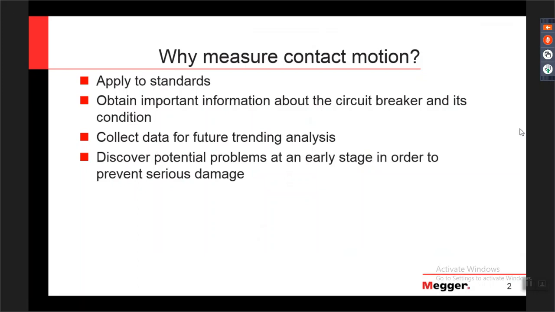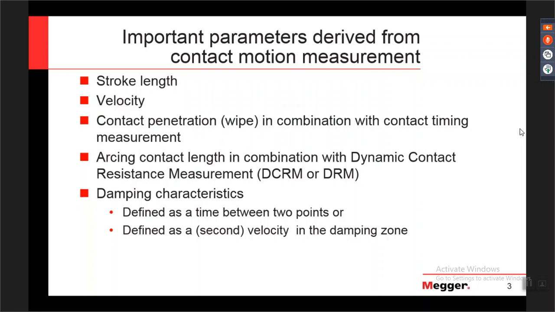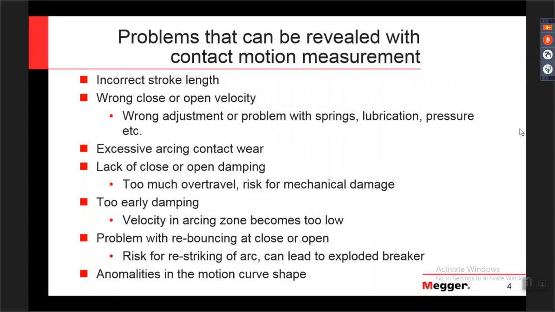Okay, I already talked about this screen. Okay, I need to look at my second screen. So this was also finished. So what kind of problems can you reveal with contact motion measurement?